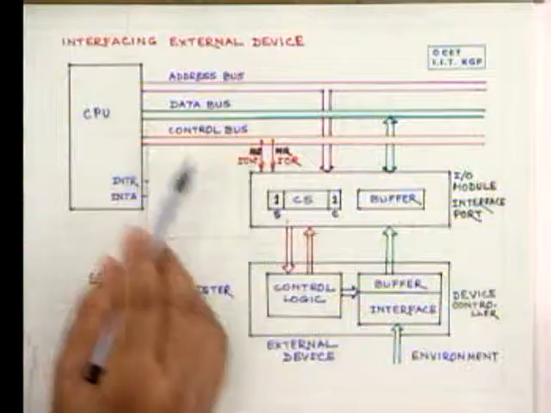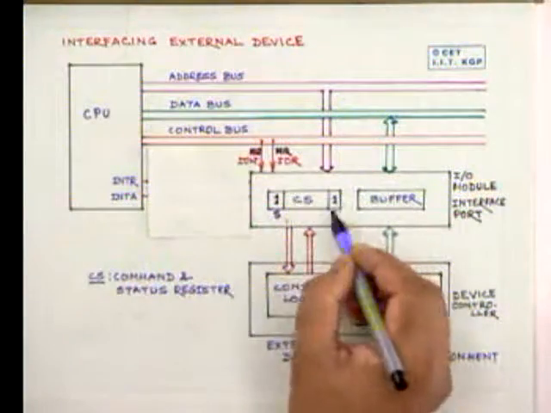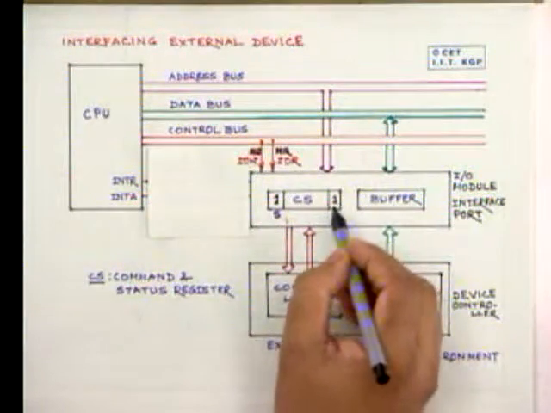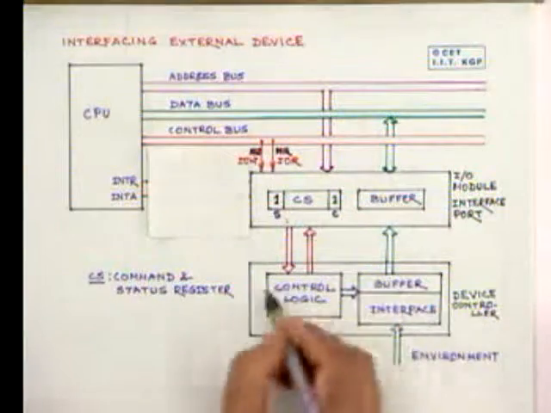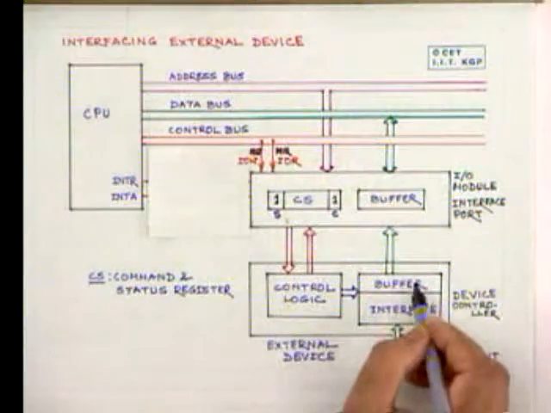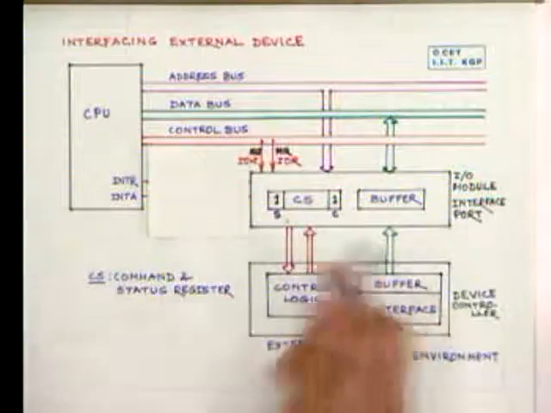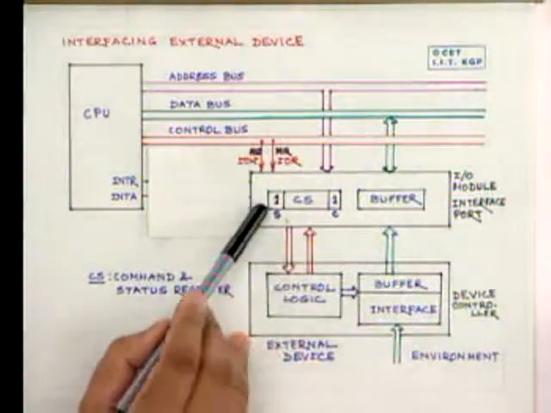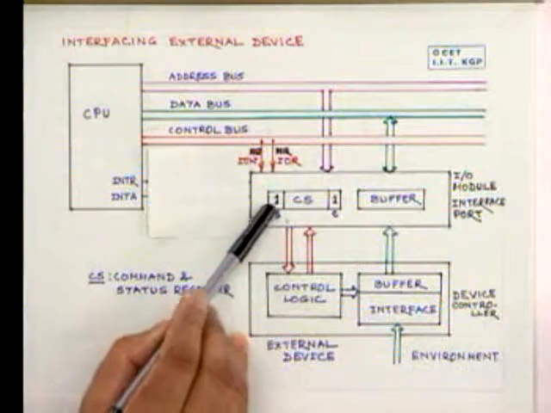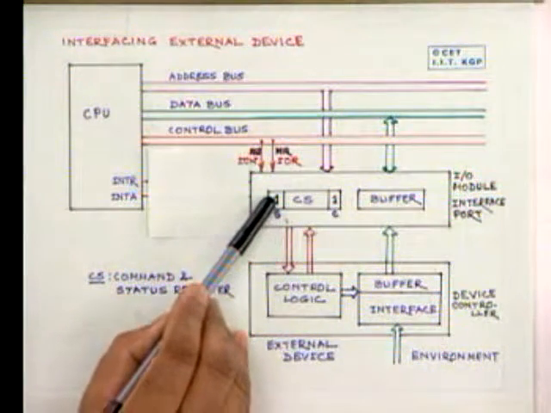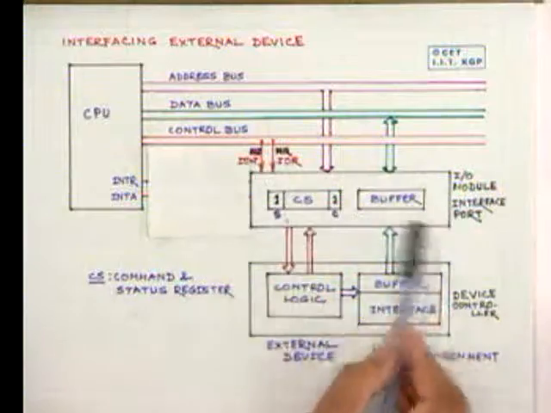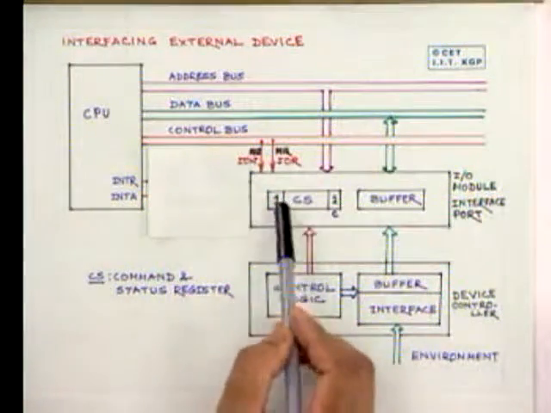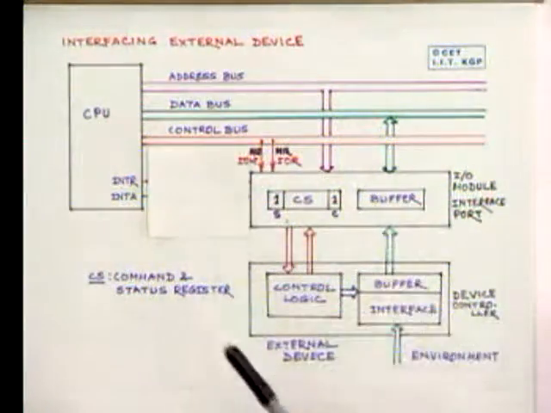The CPU commands the device by setting this bit to 1, saying that it needs the data. The device, on creating the data, sends the data to this buffer and at the same time puts a 1 in the status register. That means the status register is changed from 0 to 1, indicating that the data is already in the buffer.